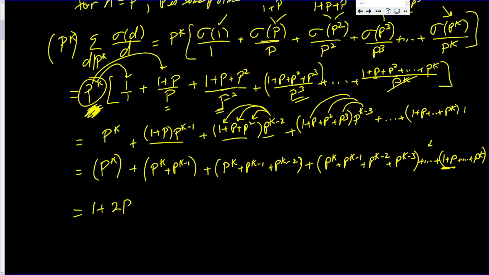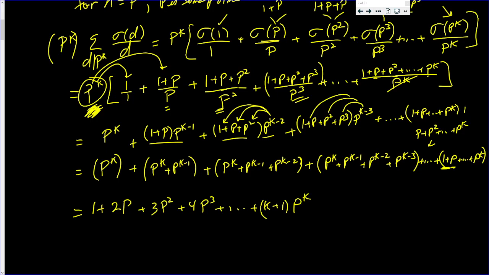The term before is going to be p plus p squared up to p to the k. There's only 2 terms that have a p, and there are 3 terms that have a p squared and 4 terms that have a p cubed, all the way up to k plus 1 terms that have p to the k.